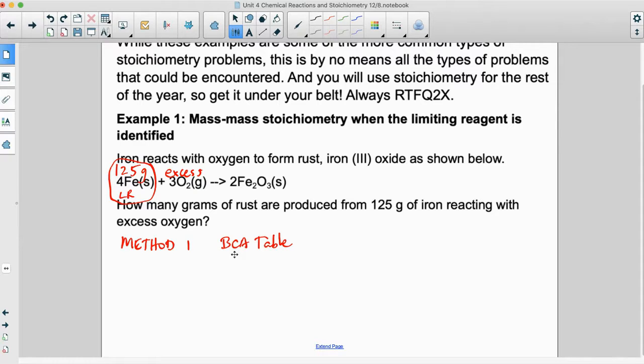To use the BCA table, we have to first convert our 125 grams of Fe to moles. Okay, so I'm going to change that to moles. That's 2.24 moles of Fe. Okay, so that's how many moles of Fe I have. I can put this into a BCA table.